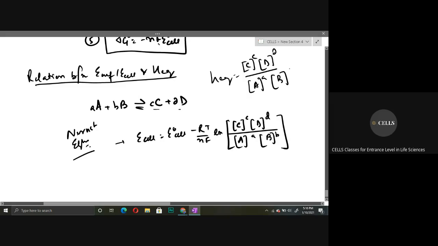This is nothing but the equilibrium constant. We can write Keq or Kc, they also give Kc. So this will be E0 cell minus RT by nF ln K equilibrium. We can also write it as E cell equals E0 cell minus 0.059 by n log K equilibrium, because with 2.303 added it becomes log, and RT by F becomes 0.059.